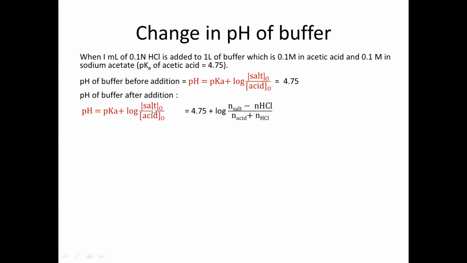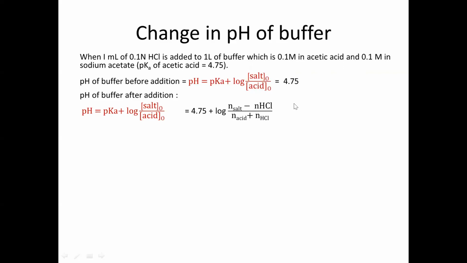This will be equal to the amount of HCl added. So we calculate using the Henderson-Hasselbalch equation by putting the value of pKa here, and the formula is that the initial amount of salt was n moles, and the moles of HCl added will be subtracted from the moles of salt, and in case of acid it will be added.